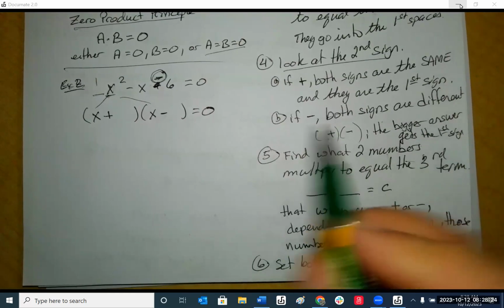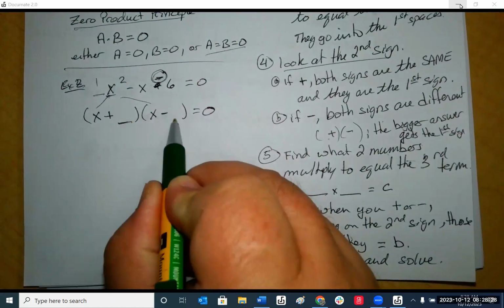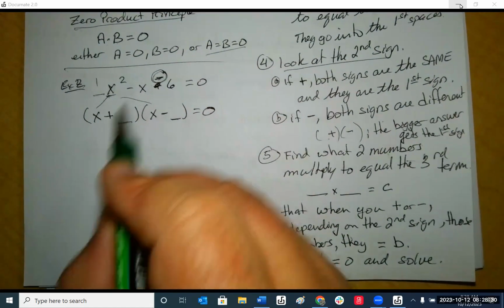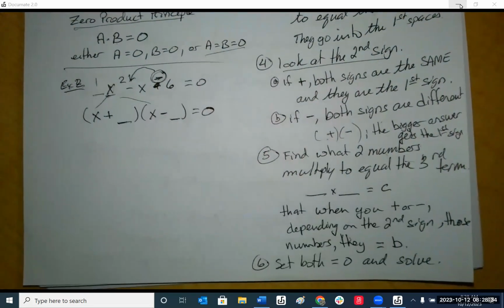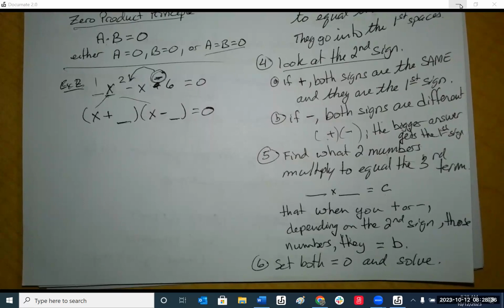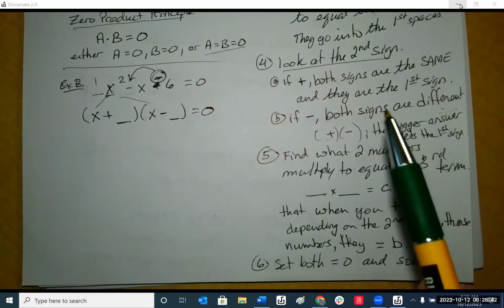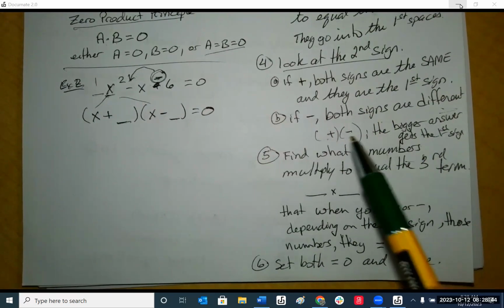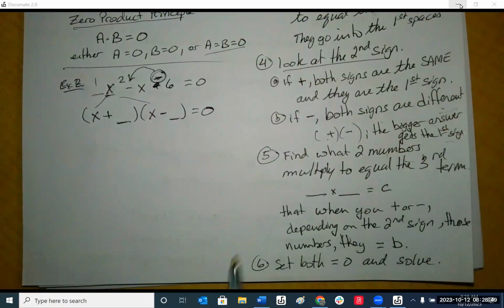If the second sign's a minus, that means the bigger number, when we find the answers, gets that sign, because when you put them together, they have to equal negative. So that's what that says. The bigger answer gets the first sign.